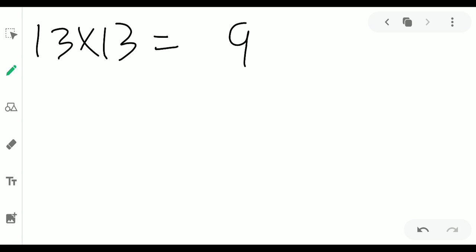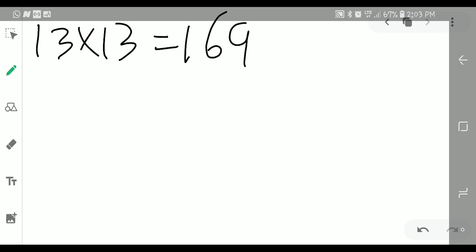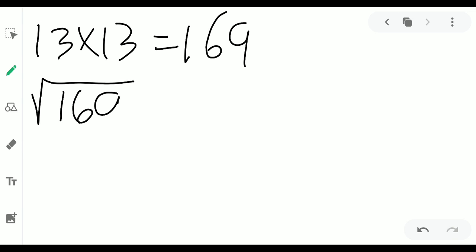If I take 13 times 13, what will be the result? 13 times 3 is 39. 9 under 3. 13 times 1 is 13 plus 3, 169. So this means that the square root of 169 is what? 13. This is what I meant.